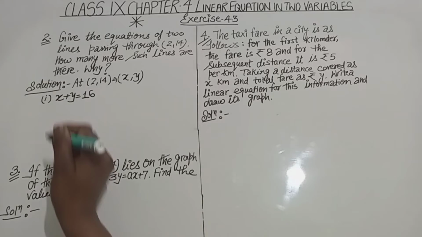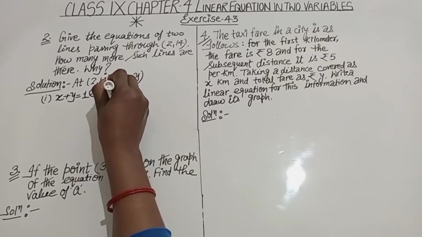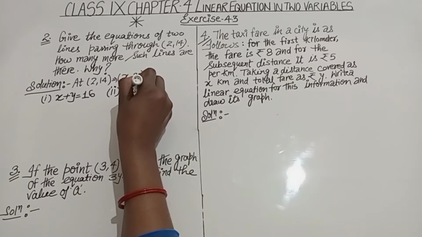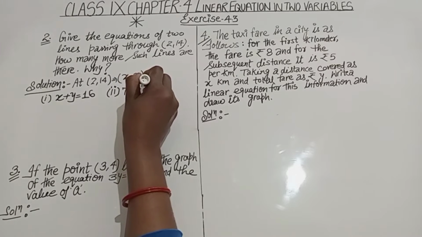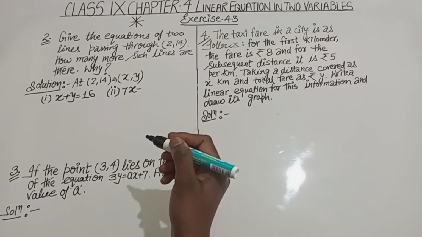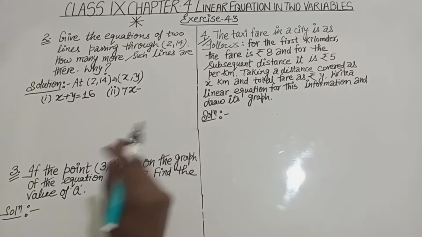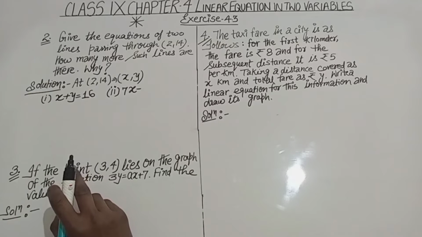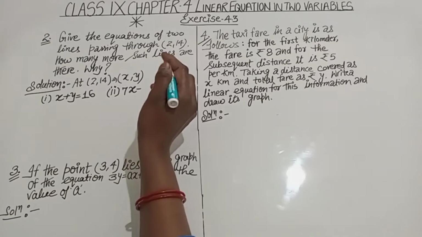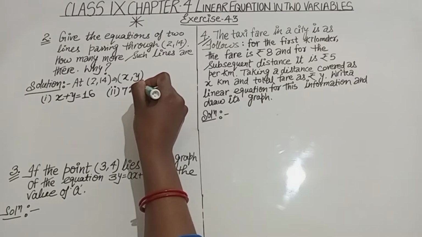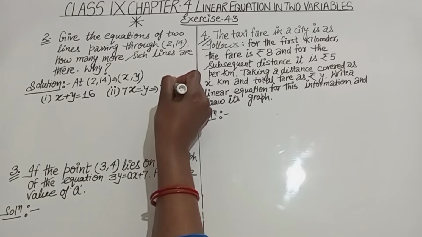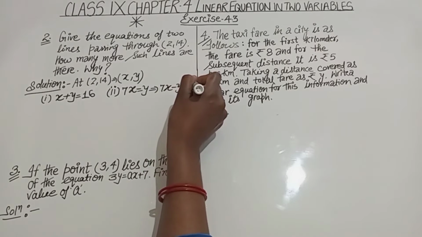Let's do the second one. The second one is 7x is equal to y, so you will write 7x minus y is equal to 0.